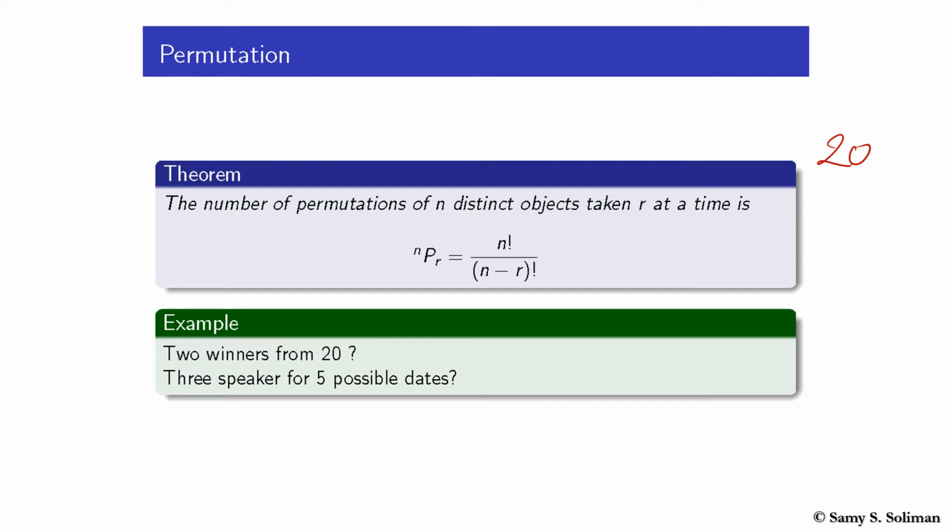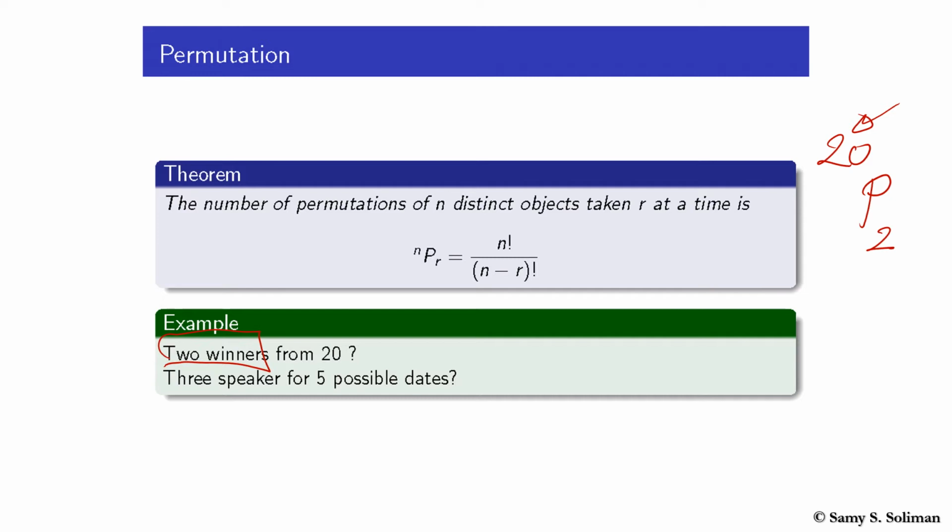So the number of ways this can be done is 20 permutation 2, or 2 selected from 20. Again, here we have to be very careful in using the permutation. Will it be applicable in such an example or not? Yes, it will be applicable, because to choose 2 winners, those 2 winners will be different from each other. So from 20 participants, we will use 2 different winners.